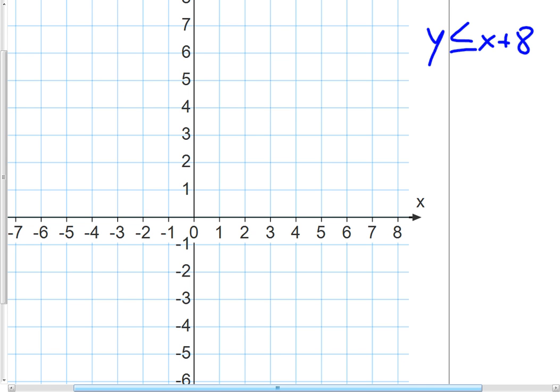What's the difference? What's the difference between number 4 and number 1? They both have graphs. What's the difference? They're inequalities, which means I want to know if this is solid or dotted.